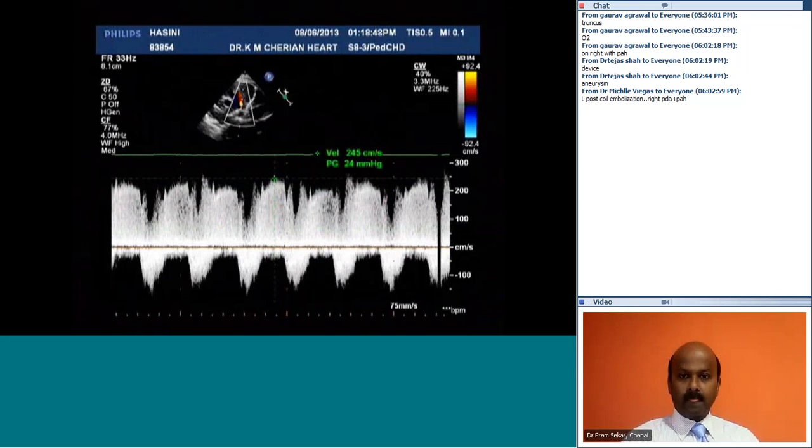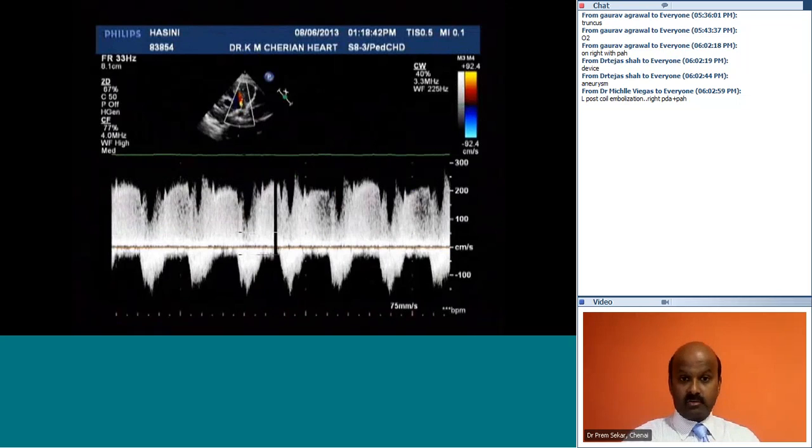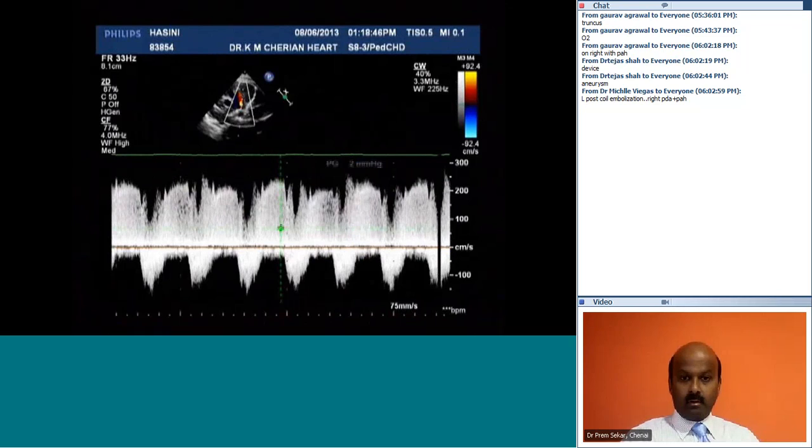And looking at the trace of the Doppler, you find that the diastolic dip goes quite down, which tells you that the flow is maintained mostly during the systolic period.